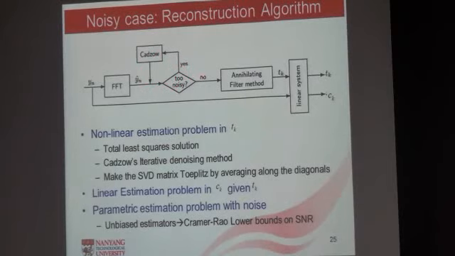What happens is that when you have a Toeplitz matrix, remember the Toeplitz matrix, because of the noise, you won't have that all the diagonals are the same. Well, it won't be Toeplitz, in other words. So what you do is you make it Toeplitz, so you take an average of the diagonals and you iterate in this way.